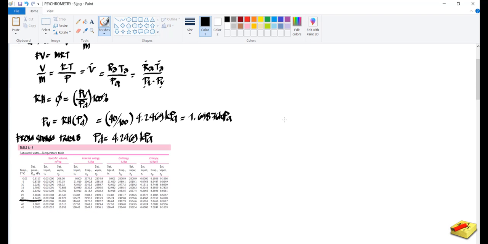Then let's continue our solution to get the specific volume.